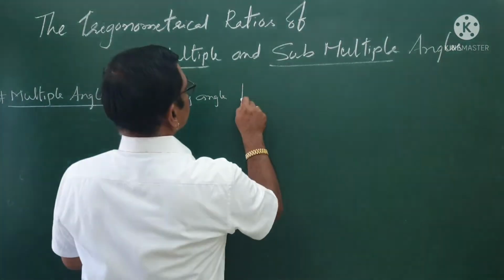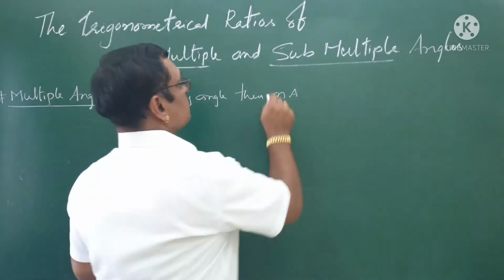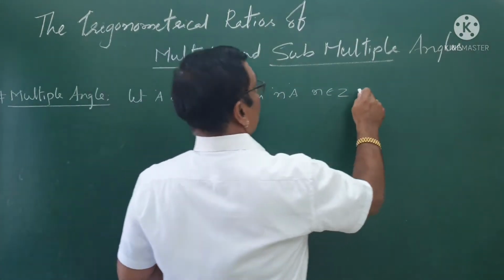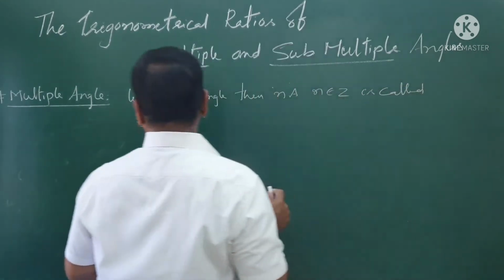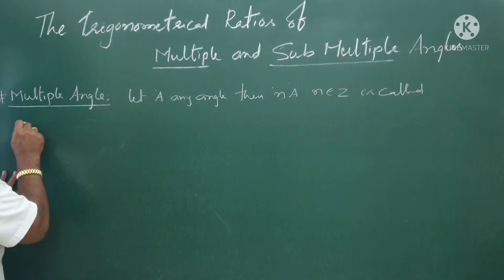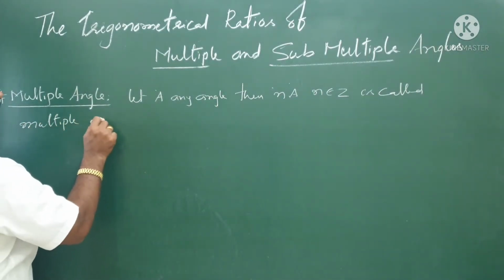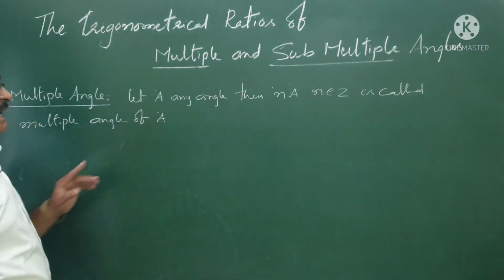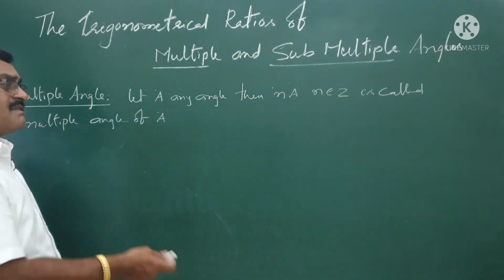Then n times A, where n belongs to Z, is called a multiple angle of A. So my nA is a multiple angle of A. What is the meaning of that?